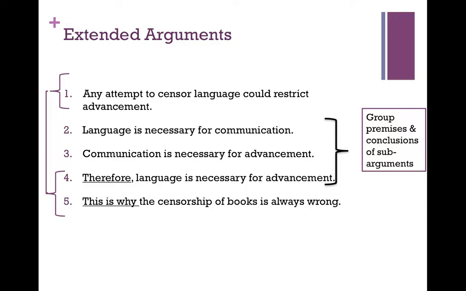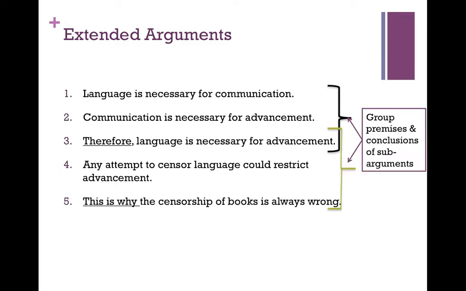You should actually want things to proceed in a nice, neat, linear fashion where you go down, and as you move down, you build towards the main conclusion at the bottom. So you should try to group your sub-arguments together in this way so that you avoid going back and forth in the presentation of an argument.